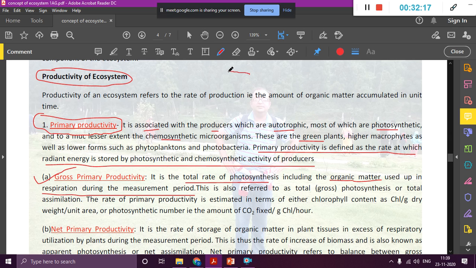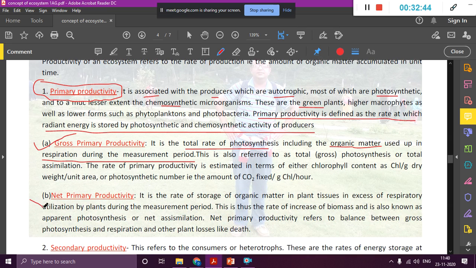You just measure the total amount of energy which is produced, or biomass which is produced in a particular time, in a particular field. Out of that, some of them are eaten up by herbivores. Some of them the plant utilizes for its own activities. That is loss. That is not included in the gross. In the gross, you measure the whole thing.